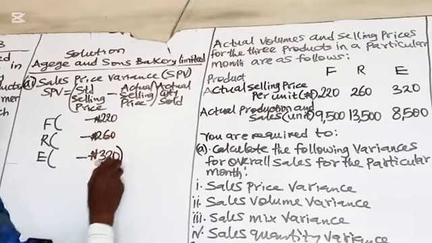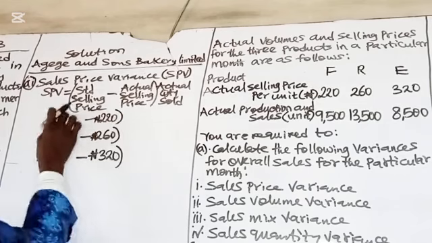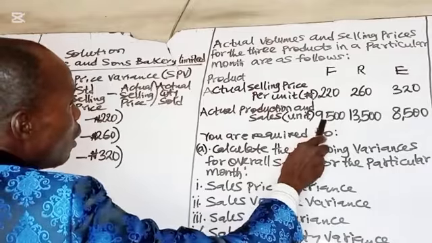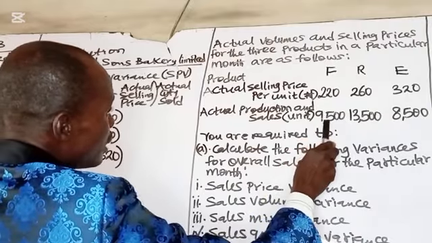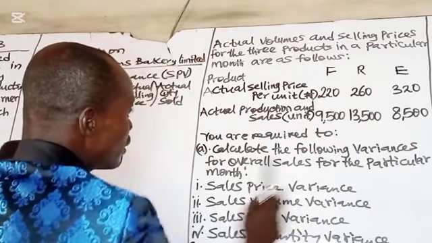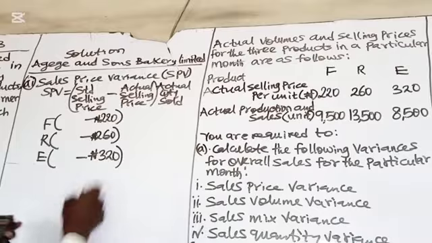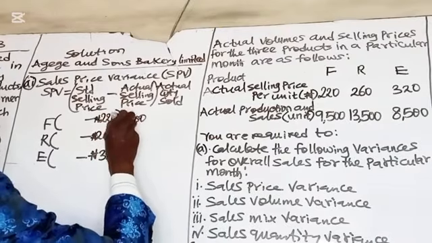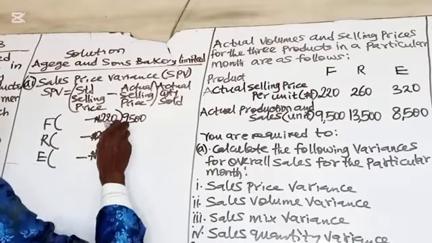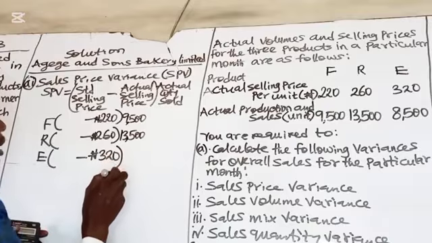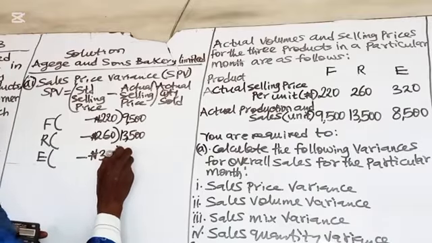That is the actual selling price. Then we still need the standard selling price multiplied by the actual quantity sold. The actual quantity sold for F is 9,500, for R is 13,500, while that of E is 8,500. So we have 9,500 units, then 13,500 units, then 8,500 units.